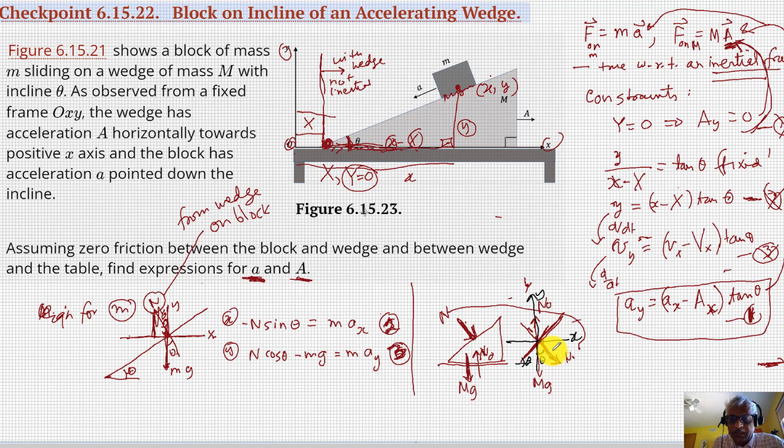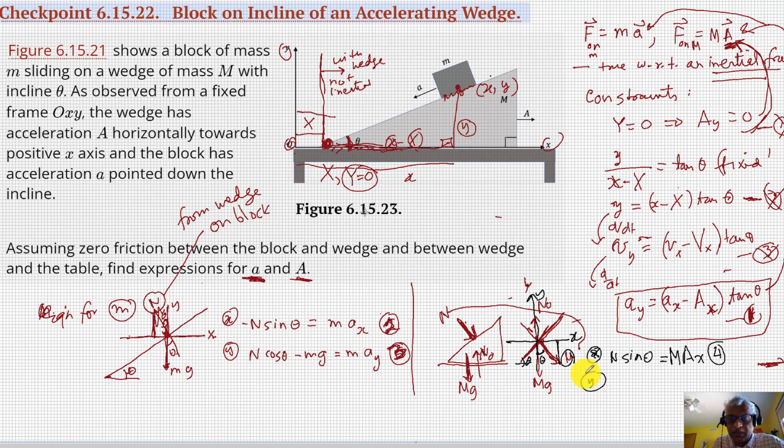So I can write down for the x direction: n sine theta, and nothing else is along the x direction. So capital M ax, and this is equation 4.